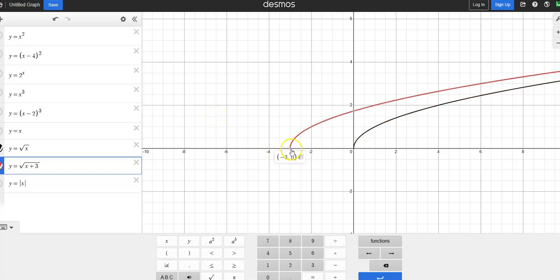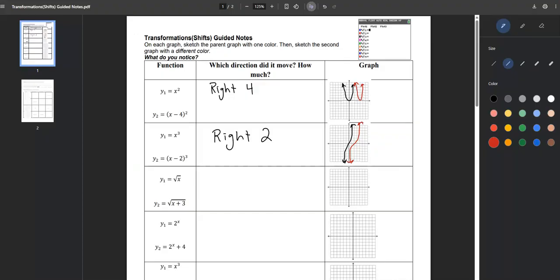So now that's this red one, and it's the same shape, it's just been shifted to the left 3 now. My parent function is usually right here, but we have been moved over here to the left 3. So hopefully you guys are starting to see some trends with that as we're going through this.